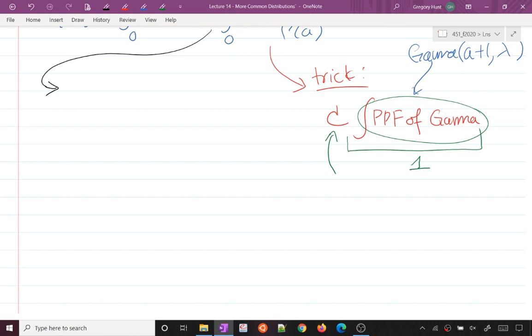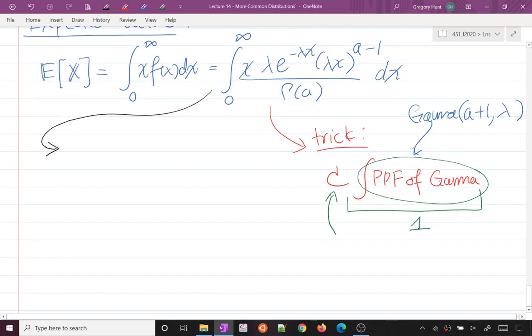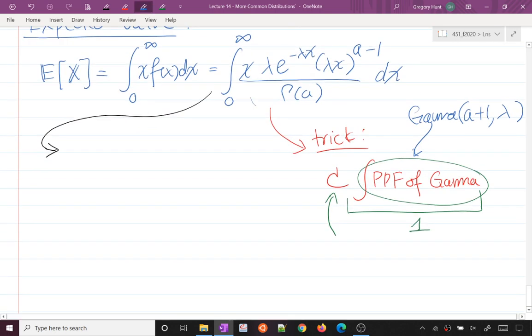So, how are we going to do this? We're basically just going to factor some things out until I get what I want. I'm going to try and turn this thing from a gamma a lambda into a gamma a plus 1 lambda. First thing I'm going to do is combine this x here with this x here.